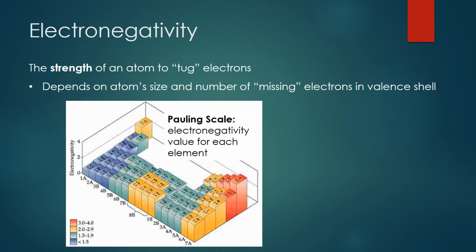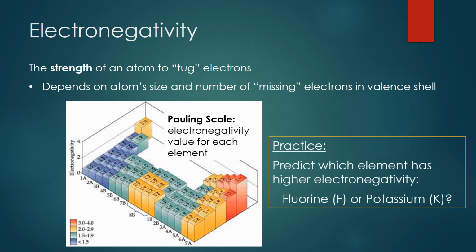Electronegativity has been observed and measured and given a number, and the number it's given falls on a Pauling scale. It's just the term we use for the electronegativity value of each element. So each element has its own strength in this tug of war. So let's practice.